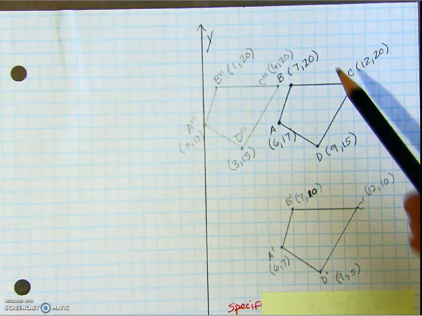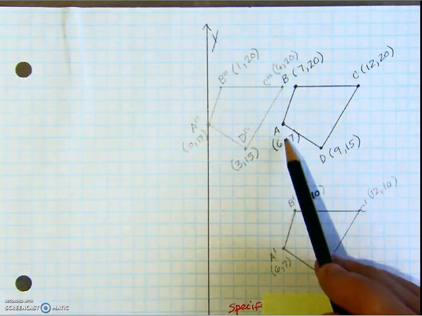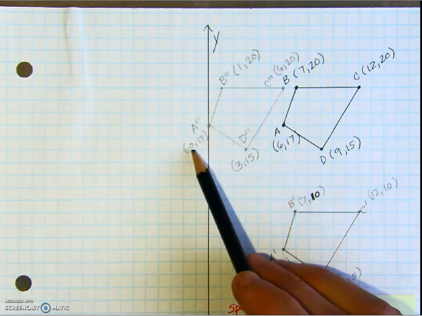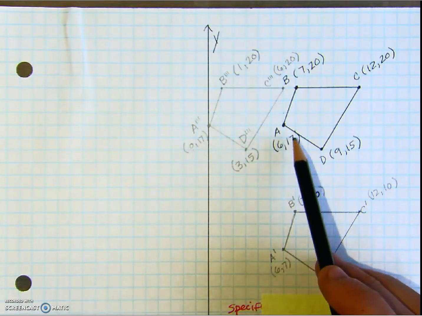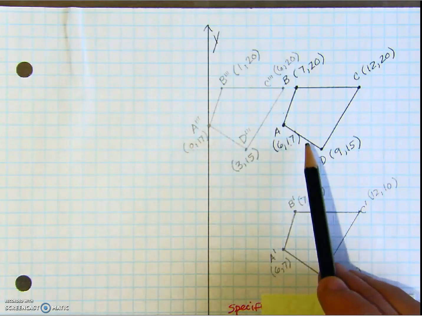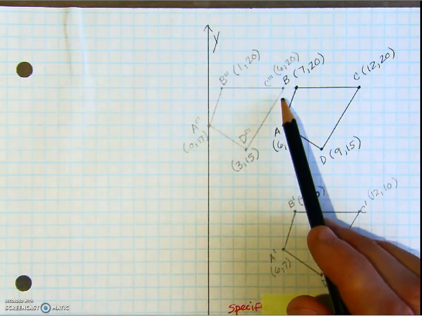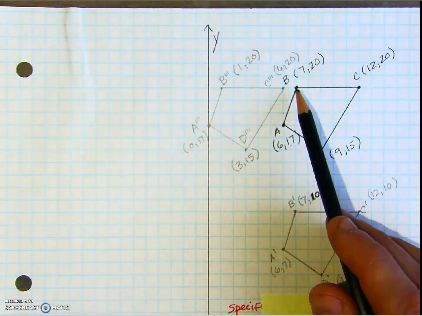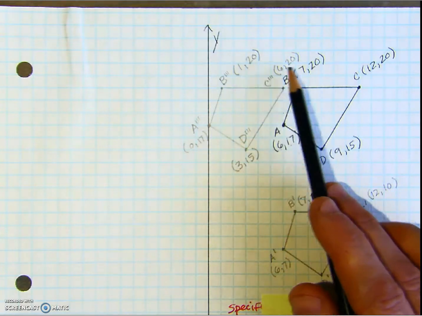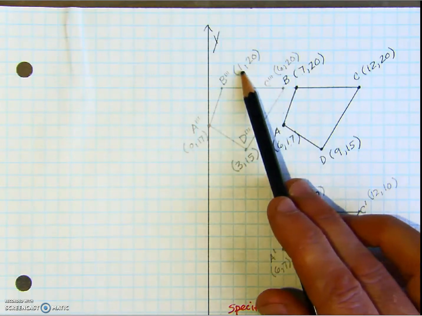Now let's take a look at what happens when you translate something left and right. We'll start with A. A was at 6 and now it's 0. And the y-coordinate, 17, stays at 17. Remember, we're moving 6 units to the left. Let's look at B to B prime. B was 7, 20. The 20 stays the same and the 7 becomes a 1.